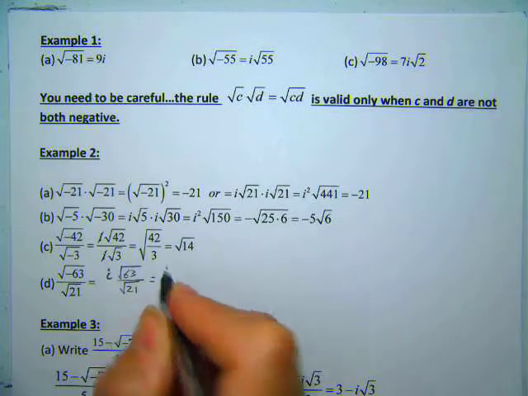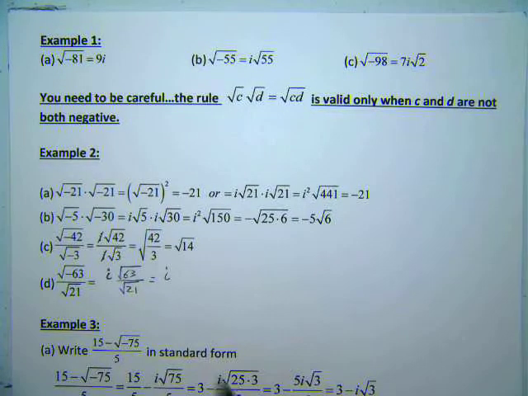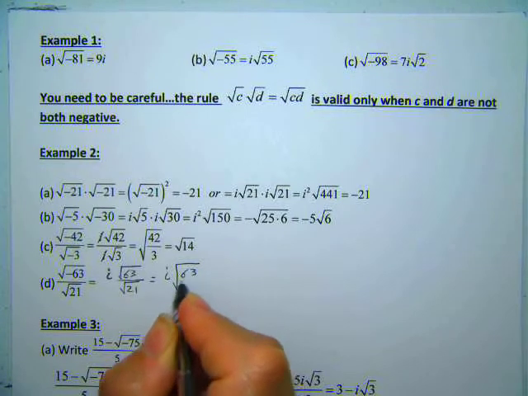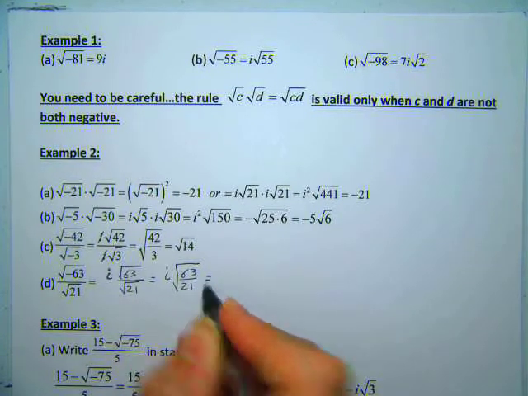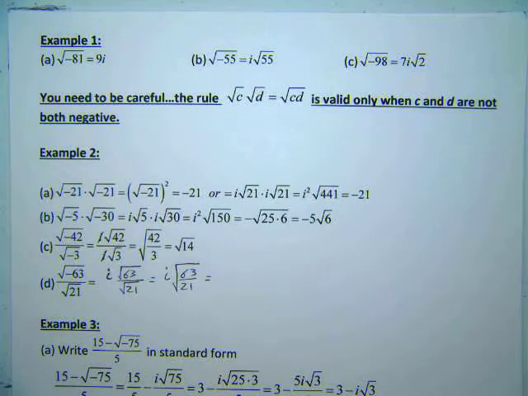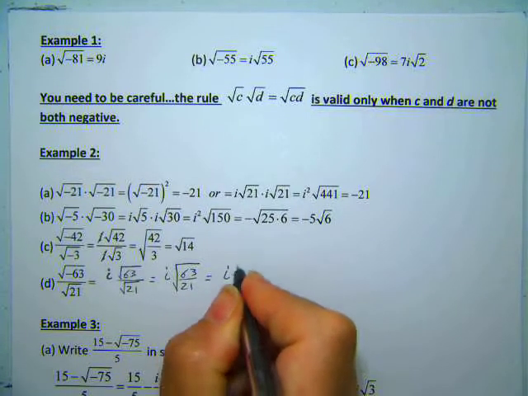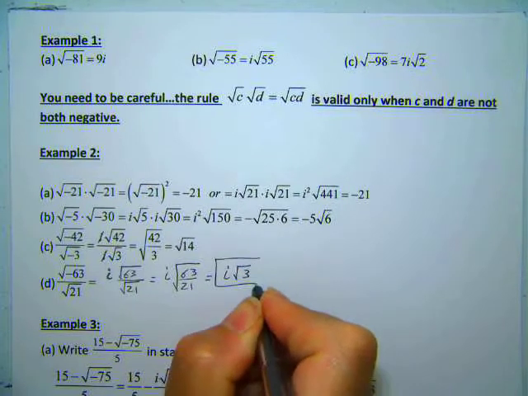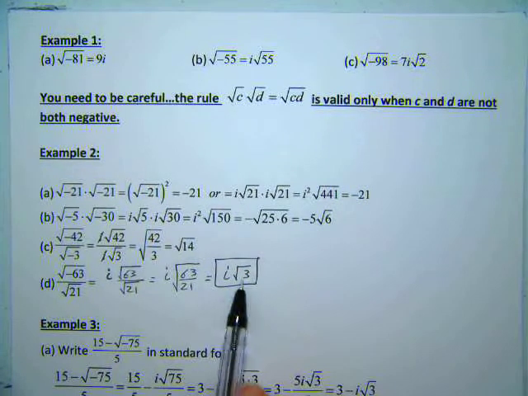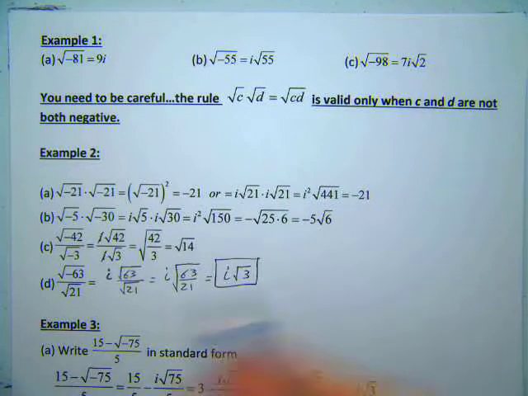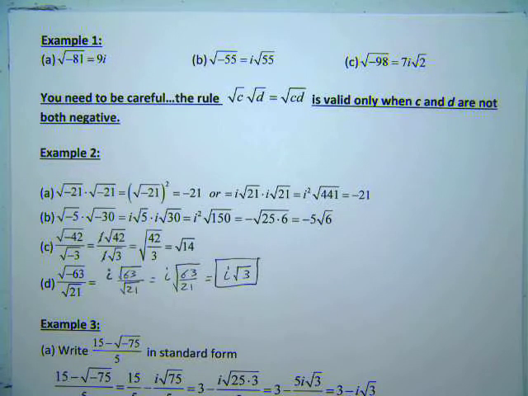When we have two square roots, we can put these two square roots under one big happy square root. You get 63 over 21, and if you divide 63 by 21, you're going to get 3. So what we end up with is i root 3. It's the same as square root of 3 times i, but it's common practice to put the i before the root because we are worried that we're going to extend the root and it will look wrong.